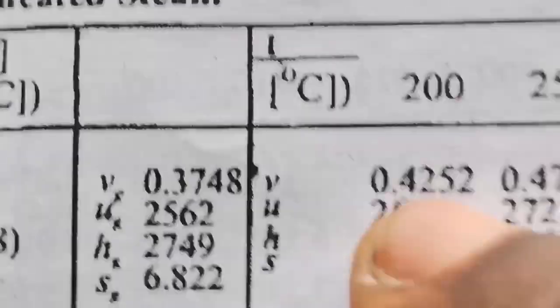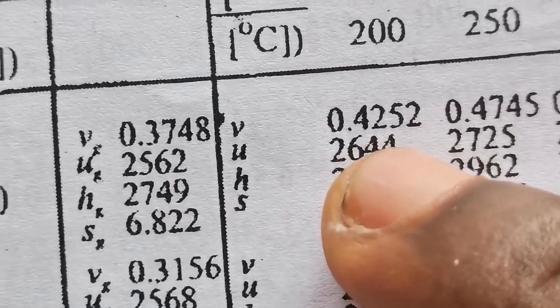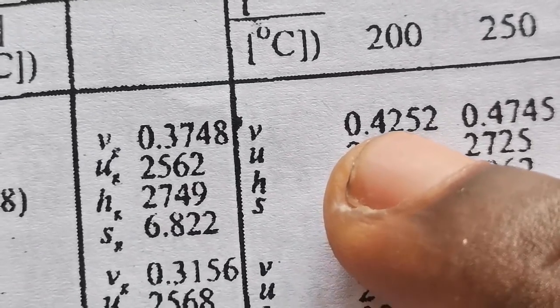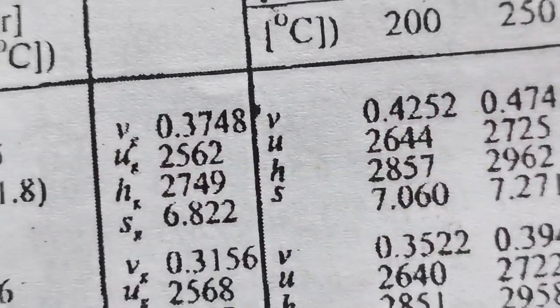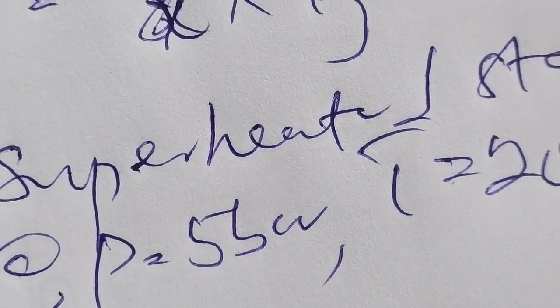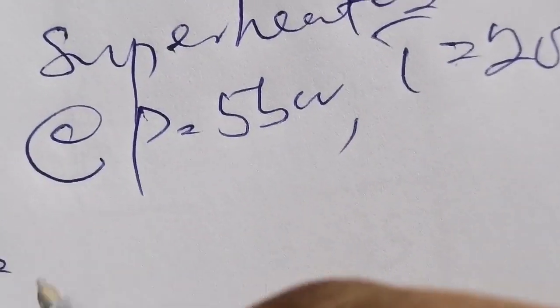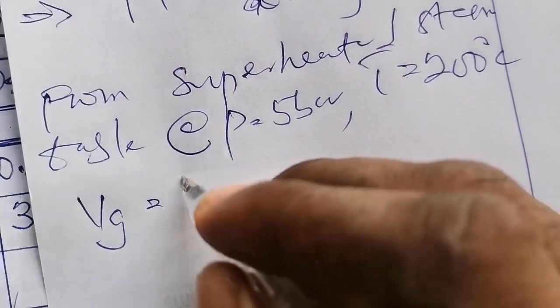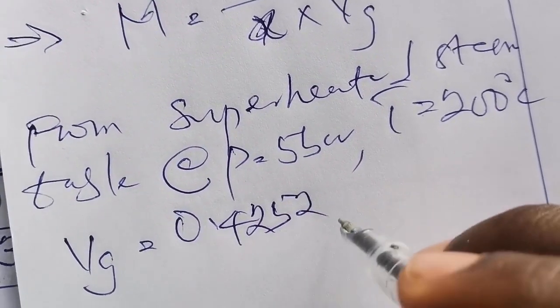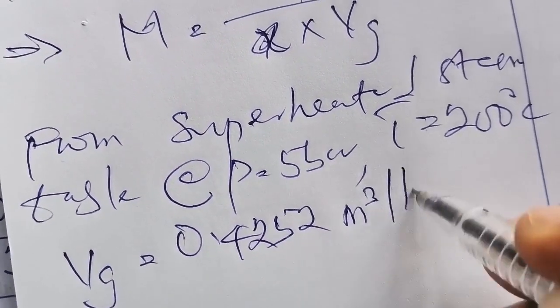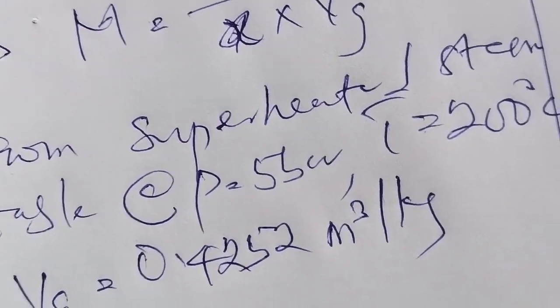This is the value for V. V is simply 0.4252. That stands for Vg, as can be seen here. So Vg equals 0.4252 meter cube per kilogram.